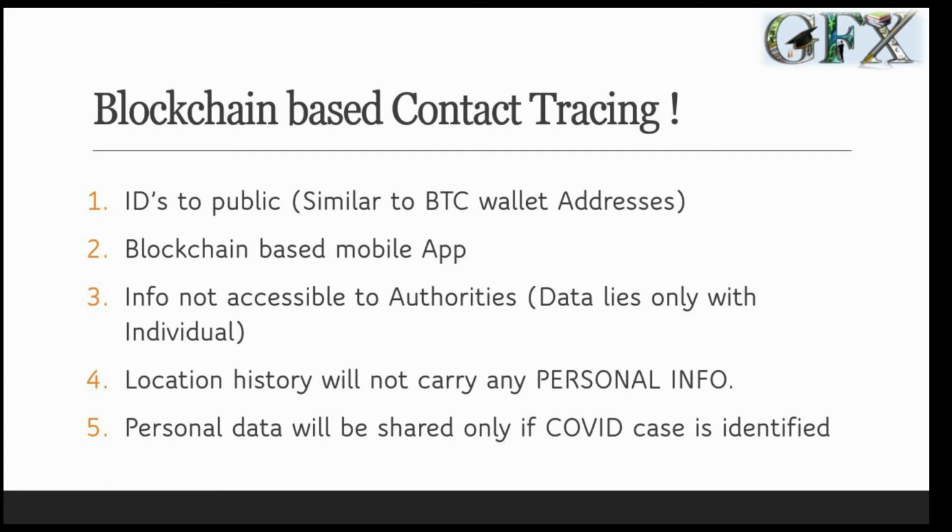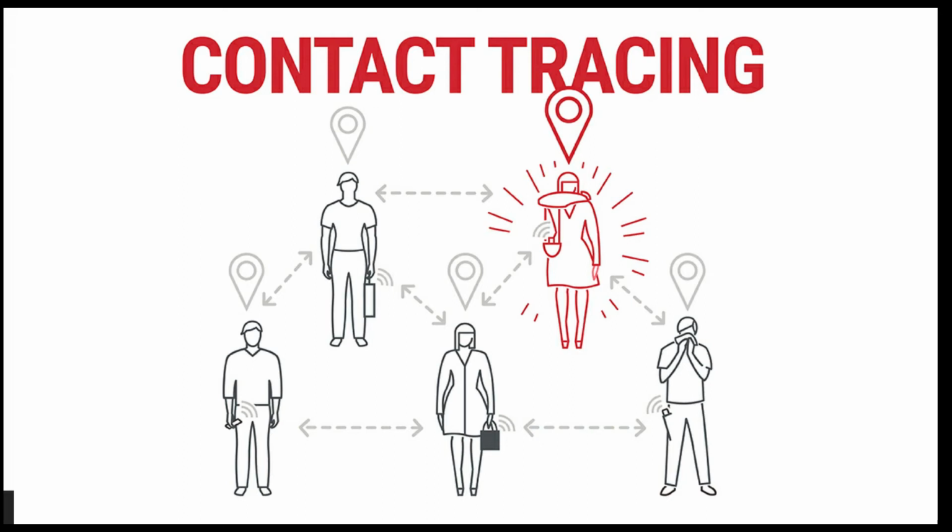Now the question comes, in that case, how the contact tracing will be made possible? How you can identify the person behind it? Well, the answer is if a person gets COVID or any COVID case is discovered later which has come into contact with this person's ID, only then the personal information will be mapped to the ID and only then his personal information will be seen by the authorities for further process.